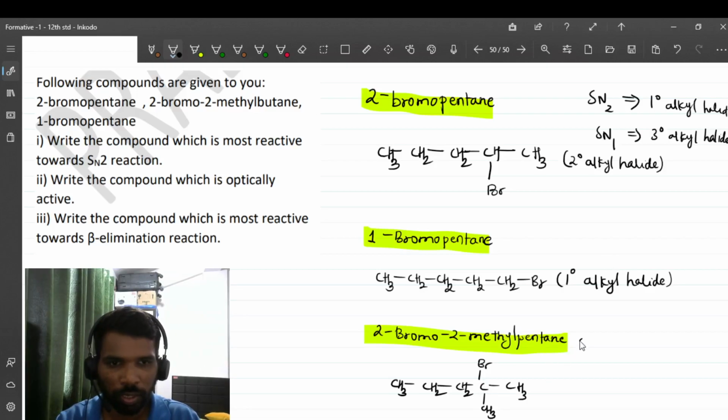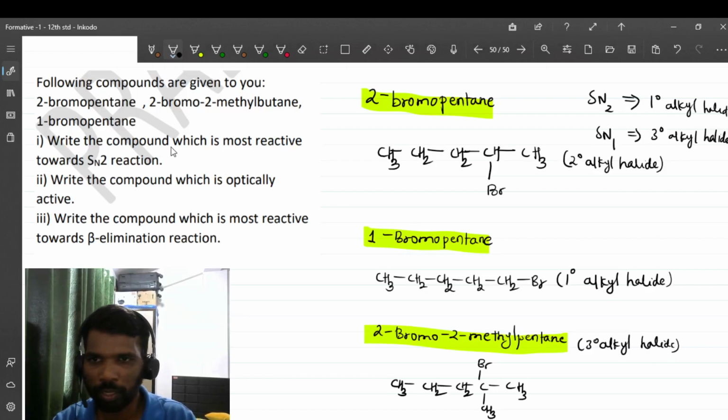So this is a tertiary alkyl halide. So the answer is primary alkyl halide, which means 1-bromopentane. This is the answer for the first one.